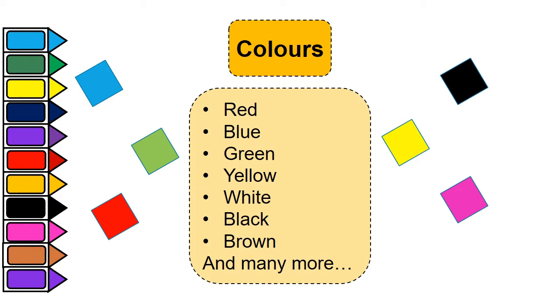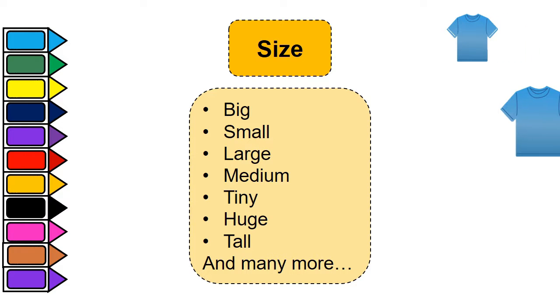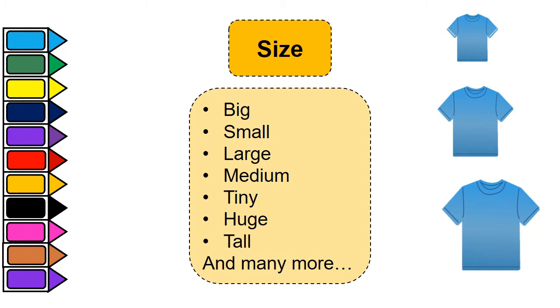There are different types of colors which can be used to describe a noun, such as red, blue, green, yellow, white, black, brown, and many others. Now, if you take an instance of size, you can also use it as a describing word, such as big, small, large, medium, tiny, huge, tall, and other describing words.